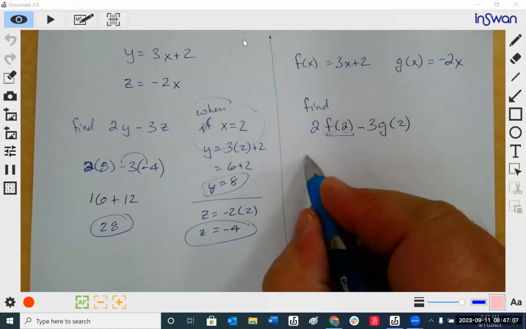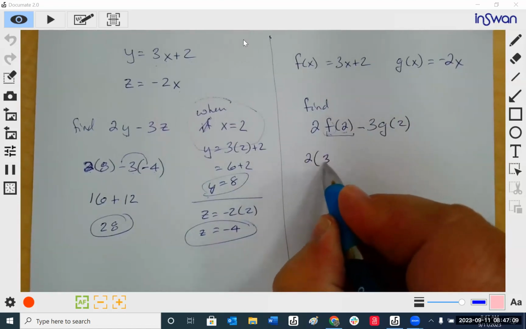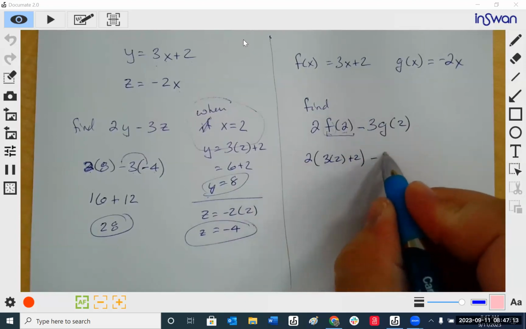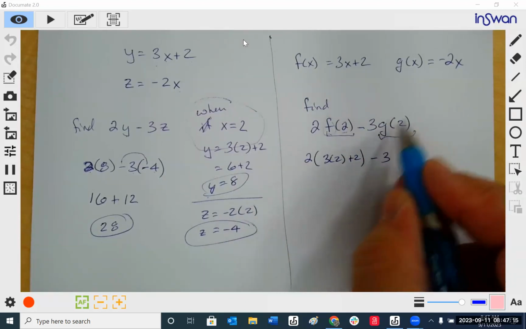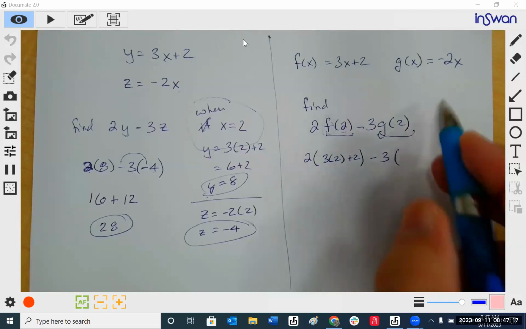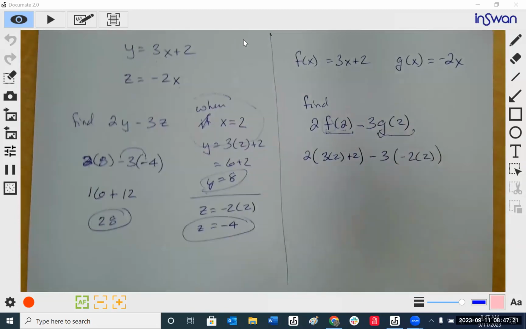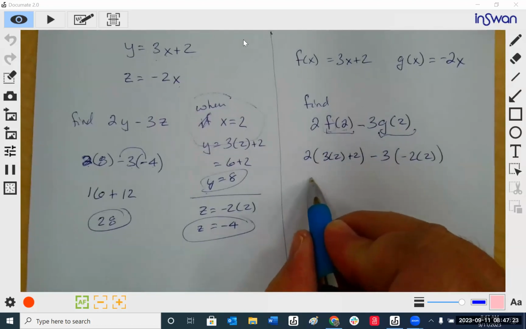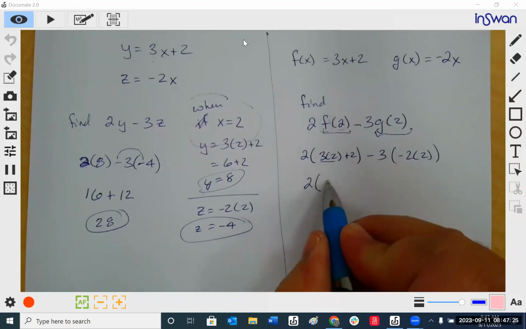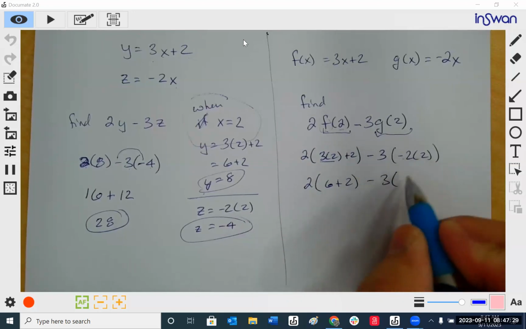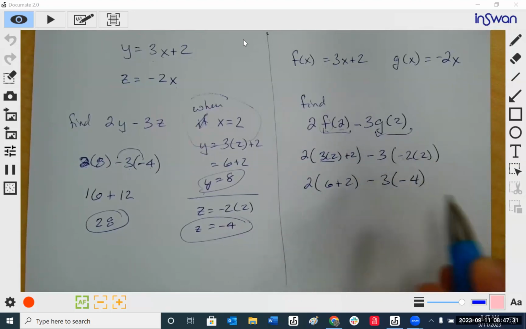So I'll come up here. 3 times 2 plus 2. Anywhere you see a g, put a 2. That's -2 times 2. 3 times 2 is 6. -2 times 2 is -4.